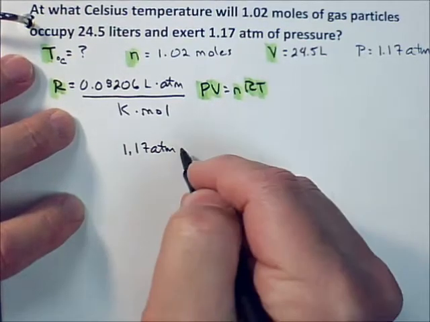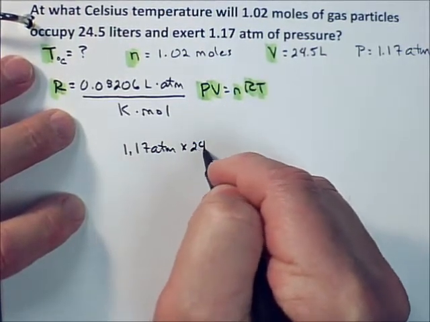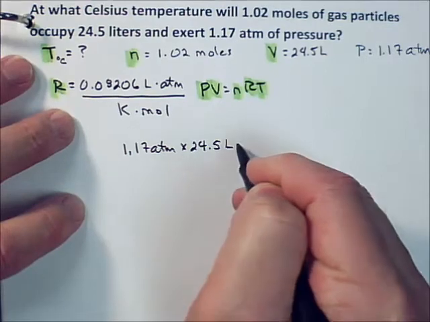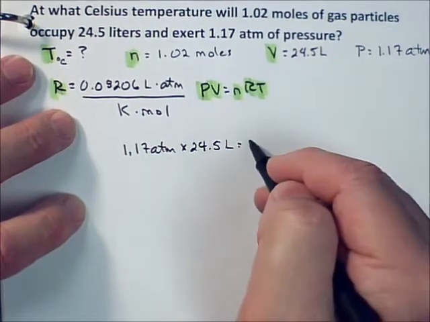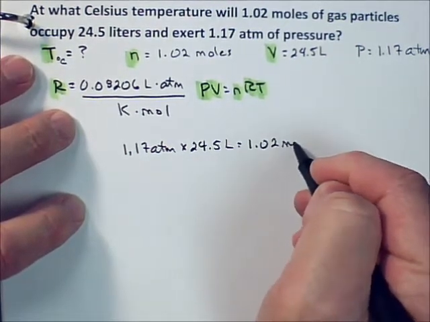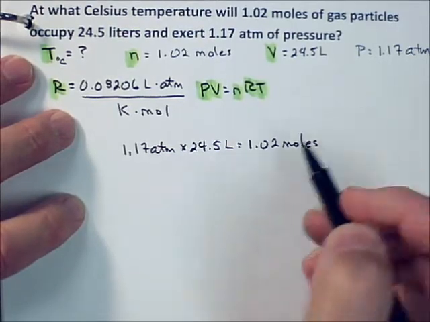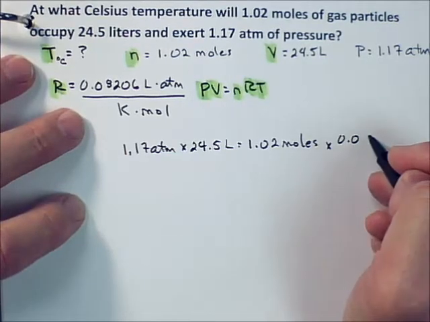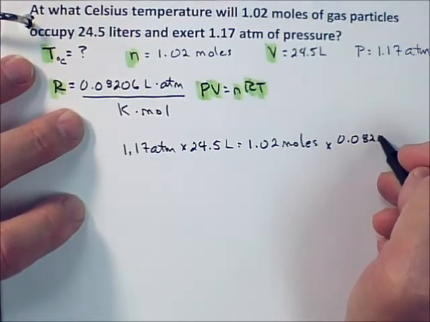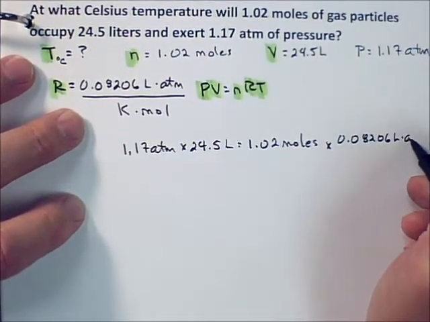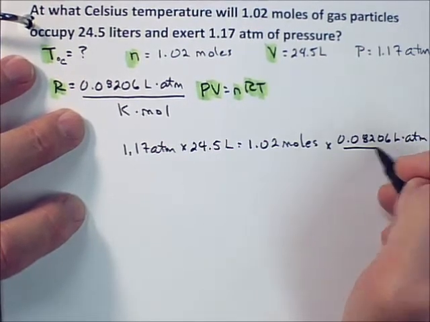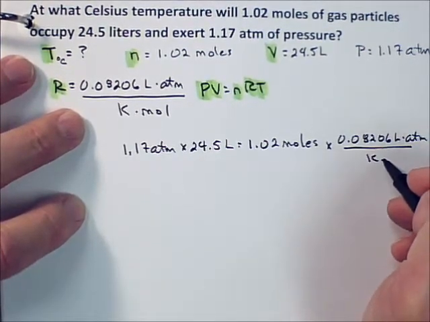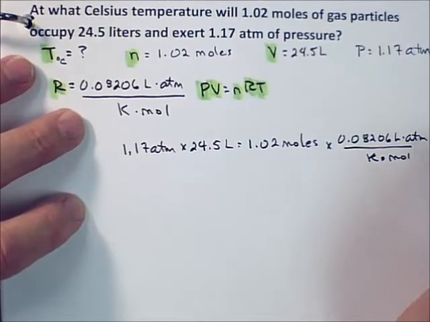We do have V, 24.5 liters. We do have N, 1.02 moles. We do have R, 0.08206 liters times atmospheres over Kelvin times moles. And we don't have T. That's what we're trying to find.